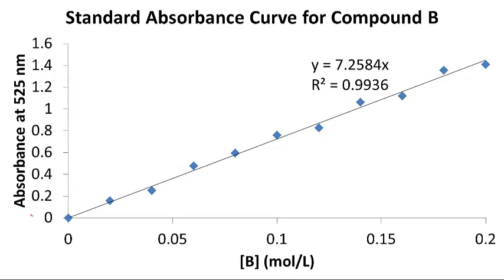All right, Y here represents absorbance, so I'm going to change this to A, and X represents concentration, so I'll change that to C. So I can solve for C. Concentration is going to equal absorbance divided by 7.26 or so. Then we can just do that calculation for each of the absorbance values from the experiment.